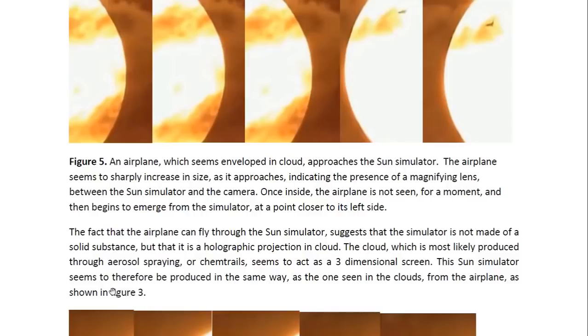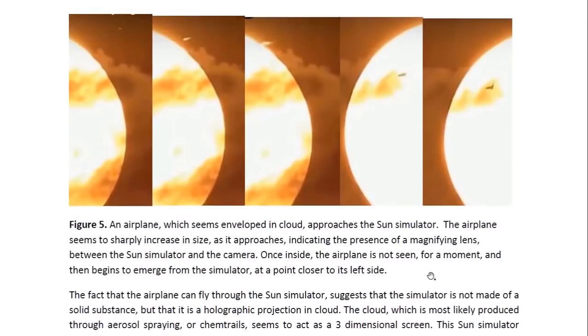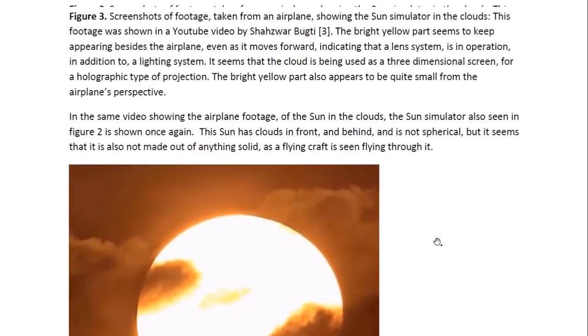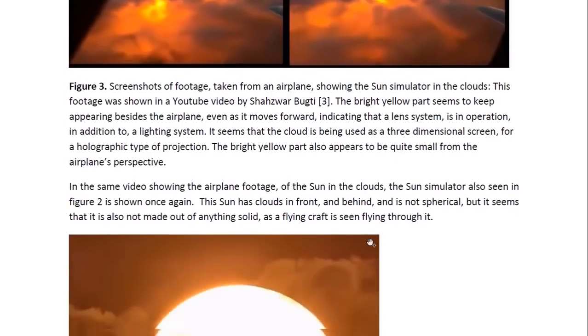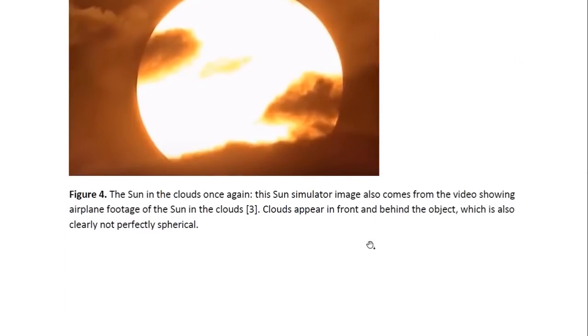The sun simulator seems to therefore be produced in the same way as the one seen in the clouds from the airplane, as I showed here. So basically it is the same thing, except it appears to be much smaller from above. This is most likely its actual size, and it's the lens system that makes it appear so large from the ground.